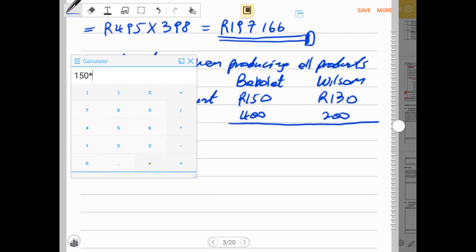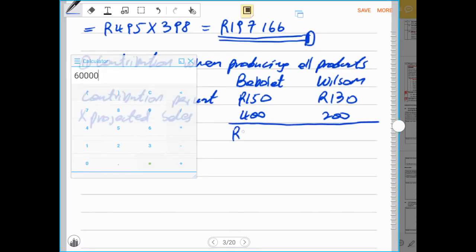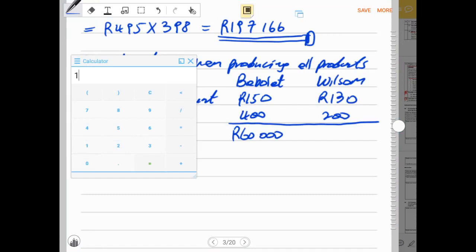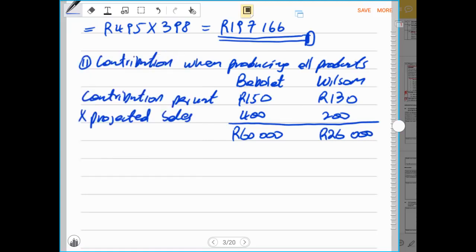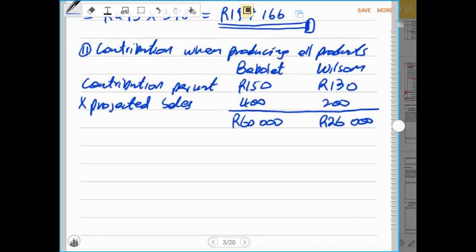That will be 150 times 400, meaning the company would have made a marginal profit of 60,000 for the product Bambalot. And 130 times 200, we get to know that the company would have made a contribution of 26,000, a portion that would have covered our fixed cost. Then we get to our total contribution here.